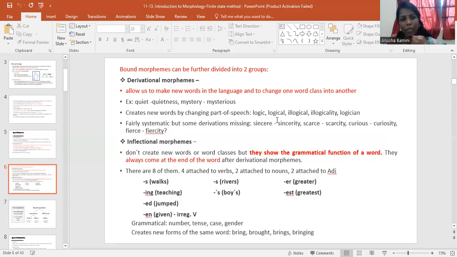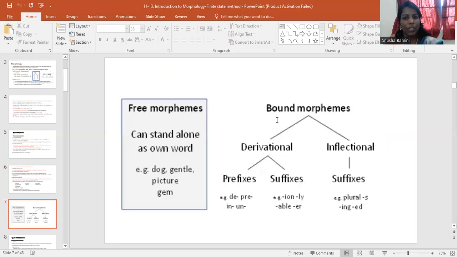In derivational, a letter is added as a suffix or prefix to change the class of the word. In inflectional, we just add some letters at the end of the word, so the grammatical function varies. This is considered based upon the meaning of the morpheme. This is the structural representation given for the theory part.